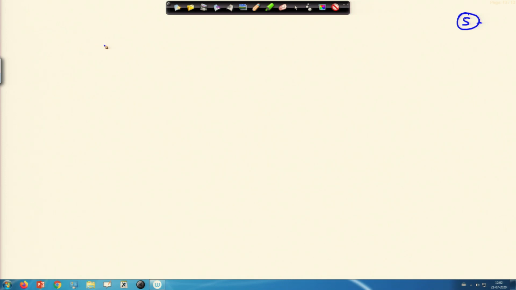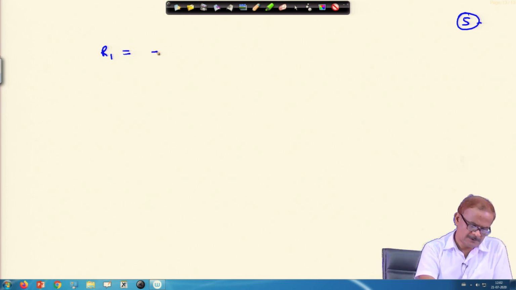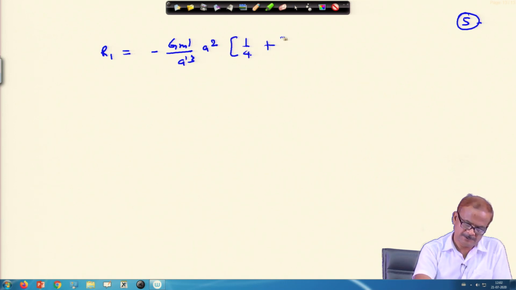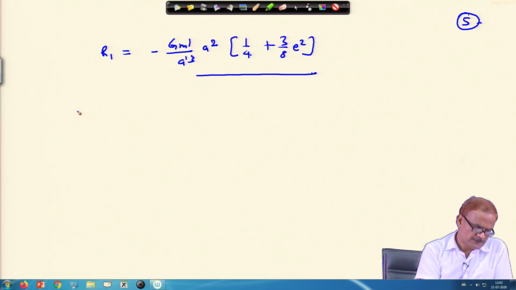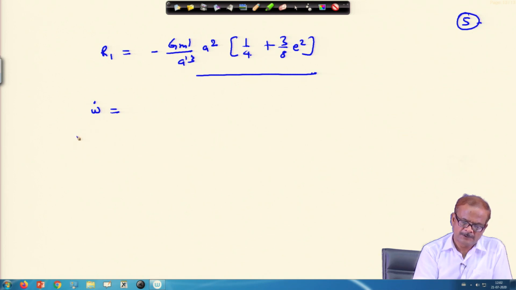Let us say that we write R 1 equal to minus G m prime divided by a prime cube, 1 by 4 plus 3 by 8 e square, and look into how the periapsis is getting affected because of this.